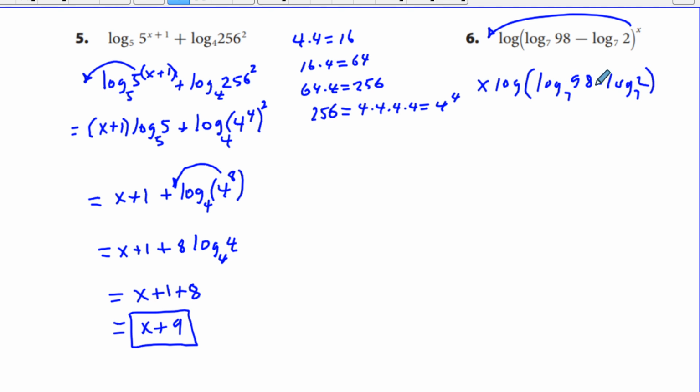And then we can take this expression here, log base 7 of 98 minus log base 7 of 2, and rewrite this as x times log base 7 of 98 divided by 2.